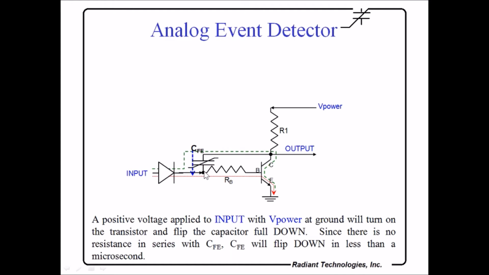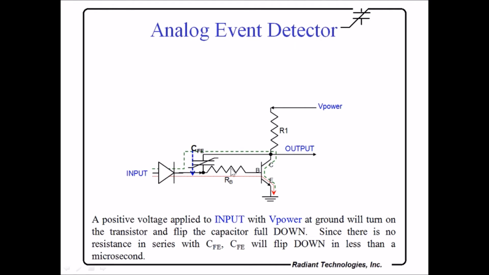So the positive voltage here will switch the capacitor down because the positive voltage here, ground connection there. Just the opposite of V power. So you write it down with this input, you move it up with V power. Notice that there's no resistance in this path. So this switch can be very, very fast, even in the microseconds.